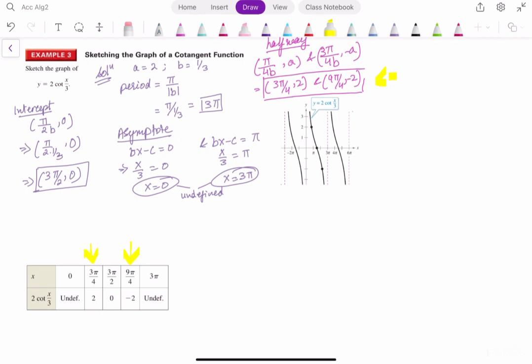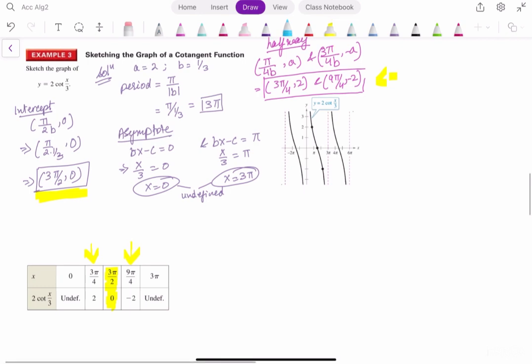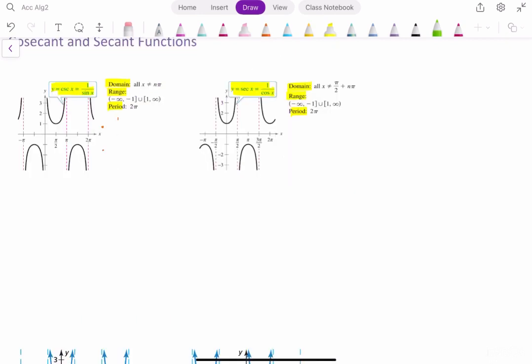Between 0 and pi we have a halfway, and between pi and 3 pi we have another halfway. The intercept is also listed in the table, and the same for the asymptotes, where it says undefined. If you keep these things in mind, calculating each thing properly, then it will match.